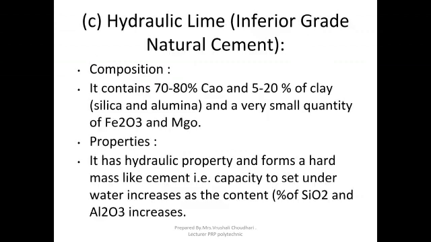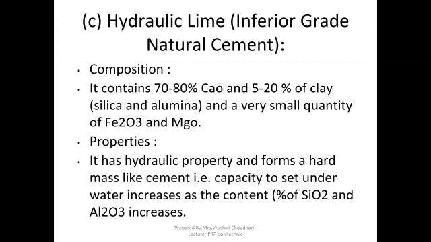Hydraulic lime, also called an inferior grade, meaning low grade natural cement. It contains 70 to 80% calcium oxide, 5 to 20% clay, silica and alumina, and a very small quantity of iron oxide, Fe2O3, and MgO.